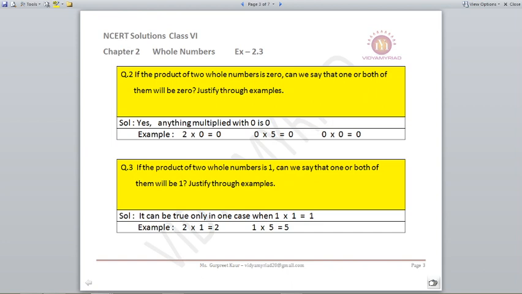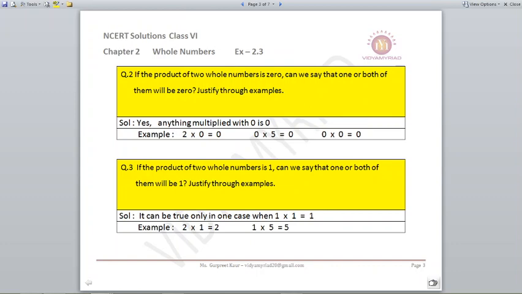Question number 2. If the product of two whole numbers is 0, can we say that one or both of them will be 0? Justify through examples. Now according to this, if we multiply 0 with any number, your answer will be 0. For example, 2 multiplied by 0 is 0. You can take any example. Either you multiply 0 once or you multiply 0 twice, your answer will remain as 0.